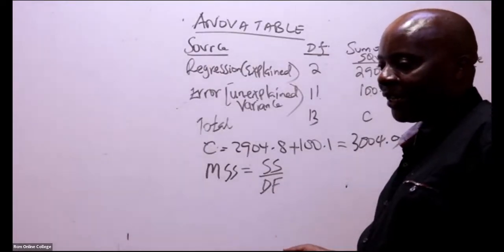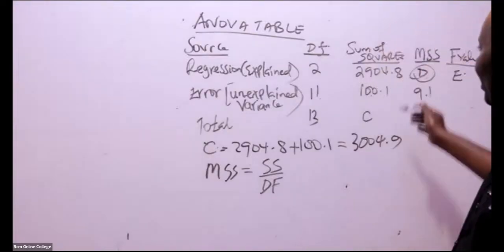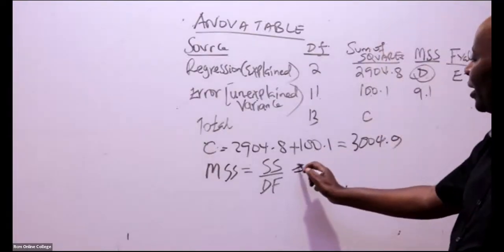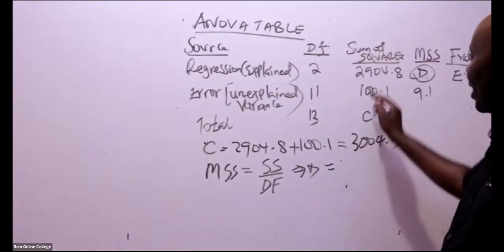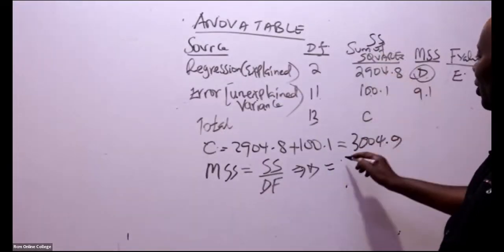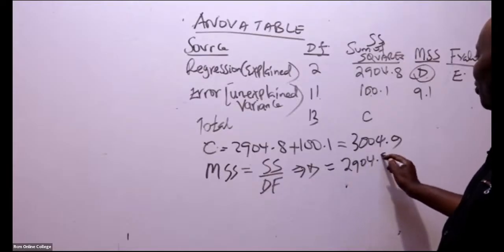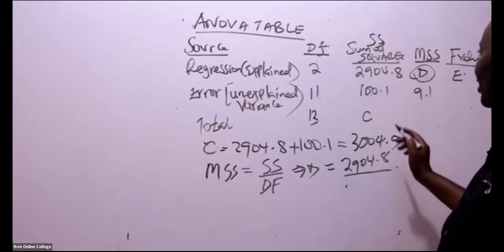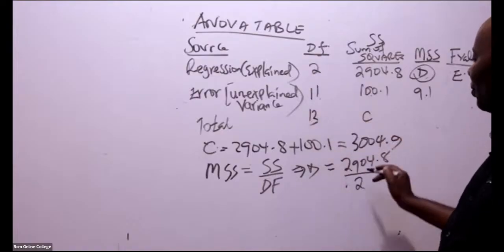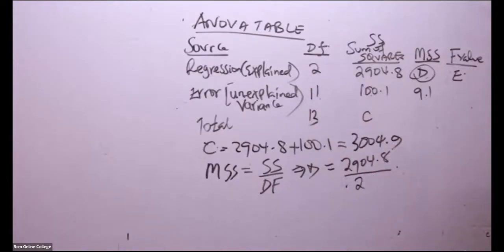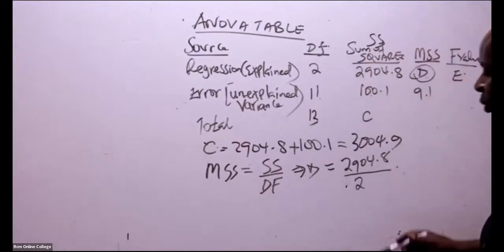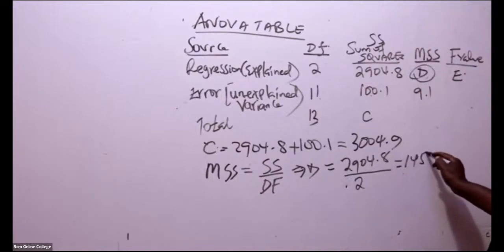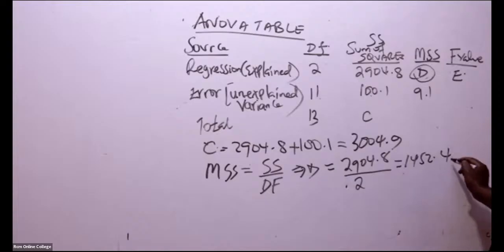So for D, you will take the sum of square given here, 2904.8, and divide this by the corresponding degrees of freedom, which are 2. Yeah, and already somebody has an answer. They are telling me it is 1452.4, like that.